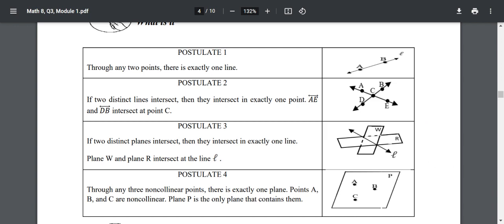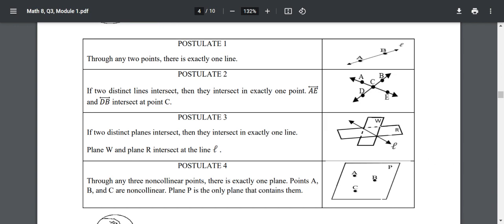And lastly, postulate number 4. Through any 3 non-collinear points, there is exactly 1 plane. So kung bisan unsa nga tulo ka points basta non-collinear, wala naglinya or wala nagtapad, nagbuwag-buwag, maka-form jud na siya og 1 plane. So points A, B, and C are non-collinear.